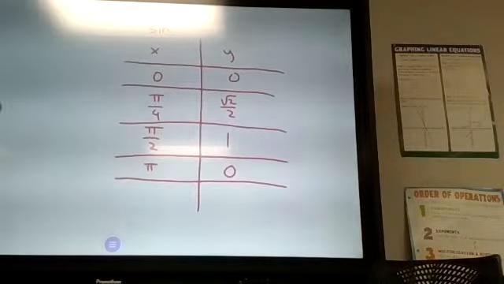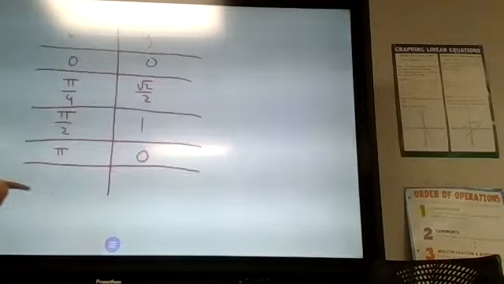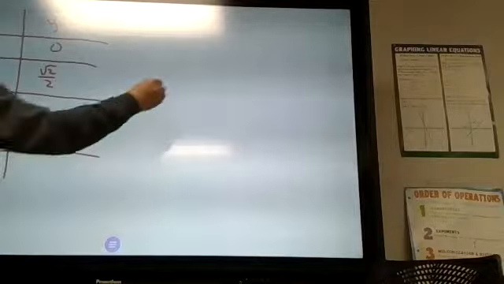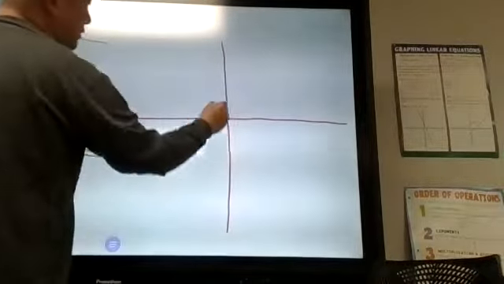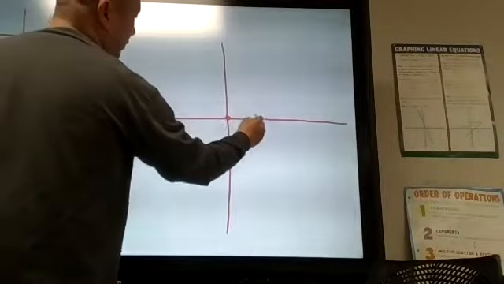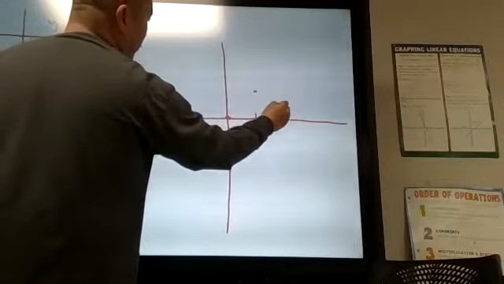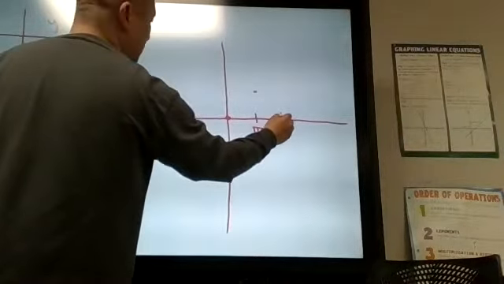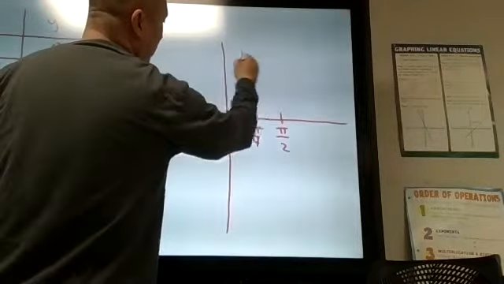Okay, so now, if we were to graph this thing, what does this equal? Well, 0, 0 starts here. Pi over 4 is right here, and that's up here. Pi over 2, so it hits 1 right there.